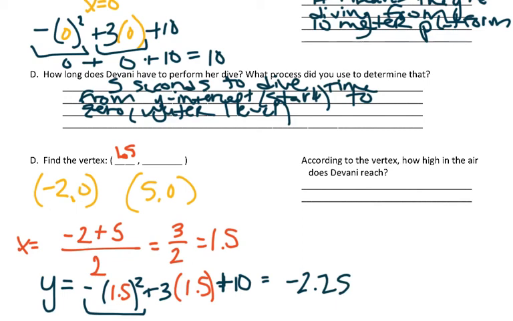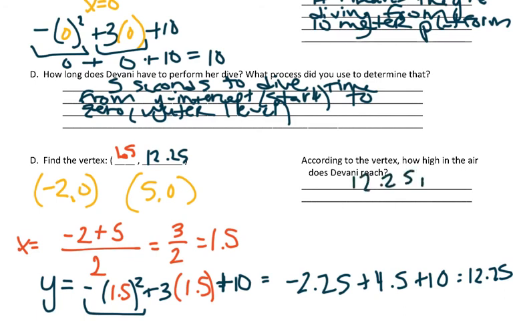To that, we're going to add 3 times 1.5, which is 4.5, and then, of course, plus 10. So it turns out that our y value is 12.25. Okay, so according to the vertex, how high in the air does Devani reach? Well, it's at time 1.5 seconds, but it's actually 12.25 meters.